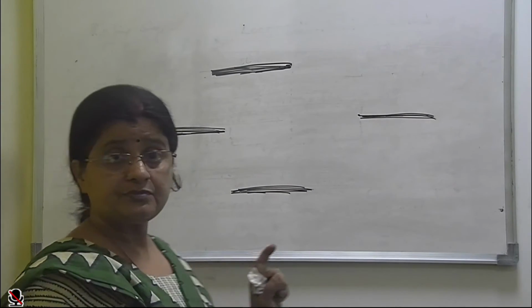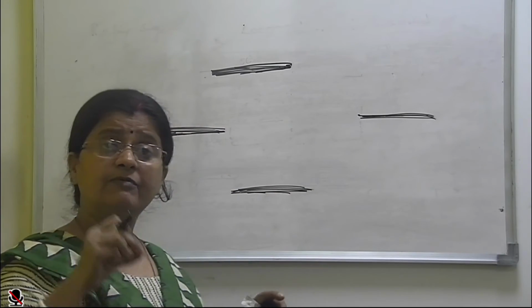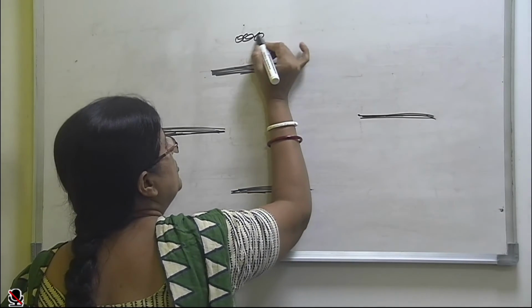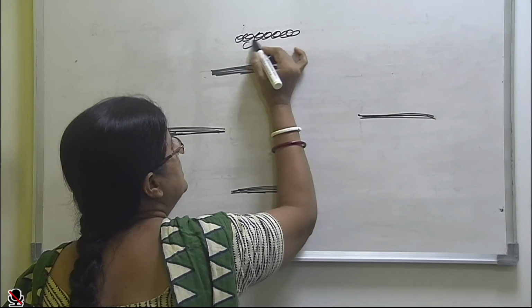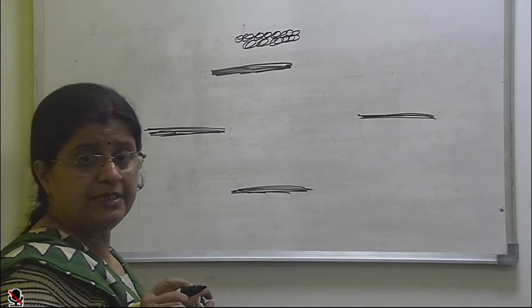Now this myosin filament has one globular and short head, isn't it? And this is the actin filament, right?